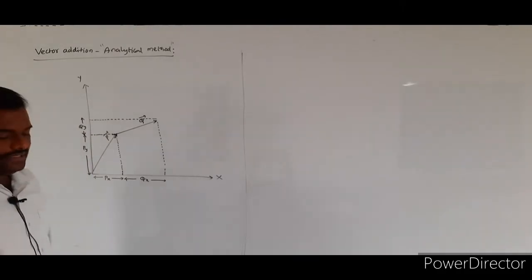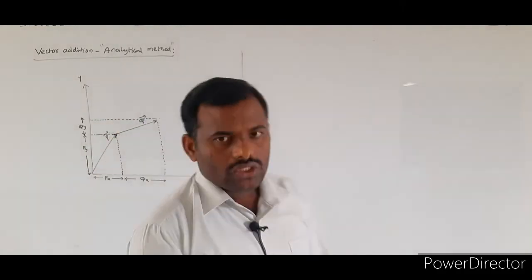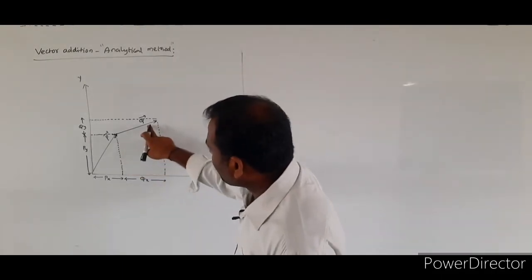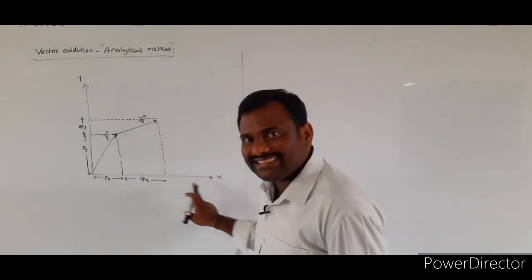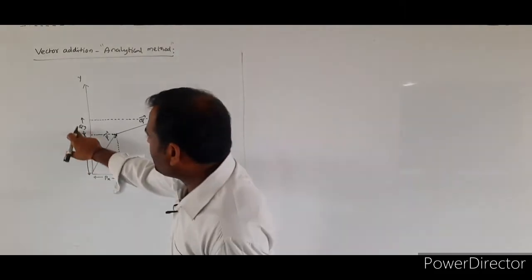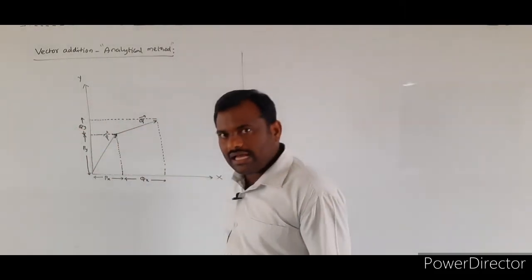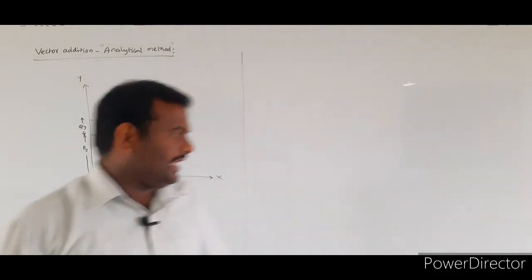Qx denotes the x component of the vector Q bar along the x-axis, and the Qy value denotes the y component of the given vector Q bar along the y-axis respectively.